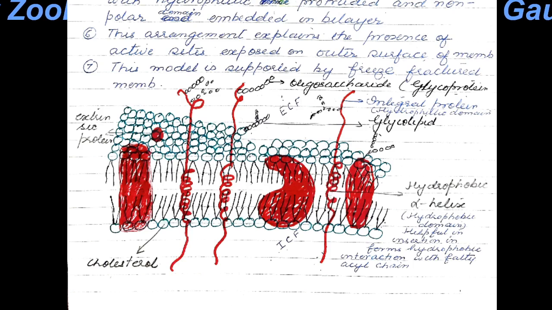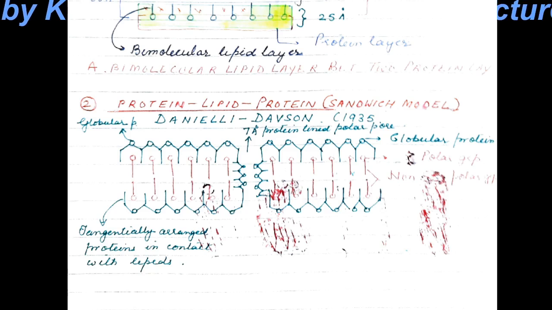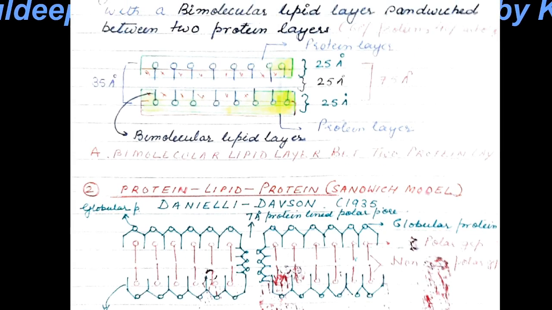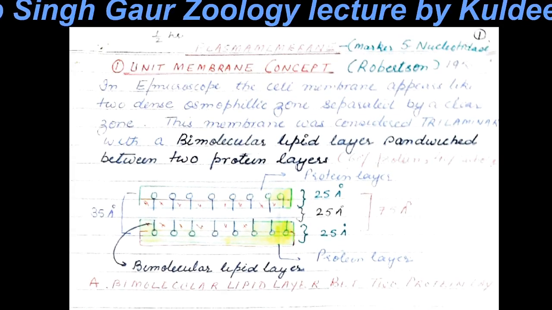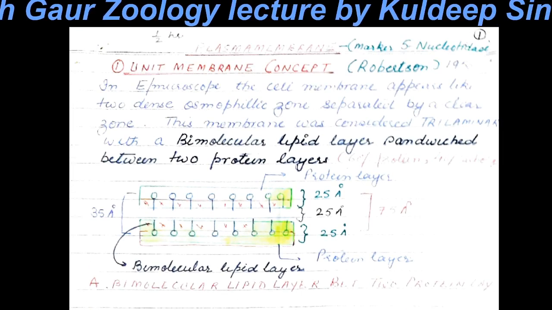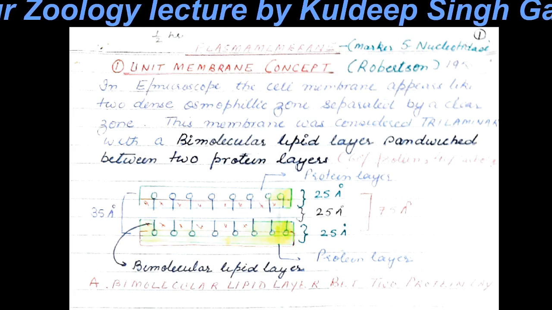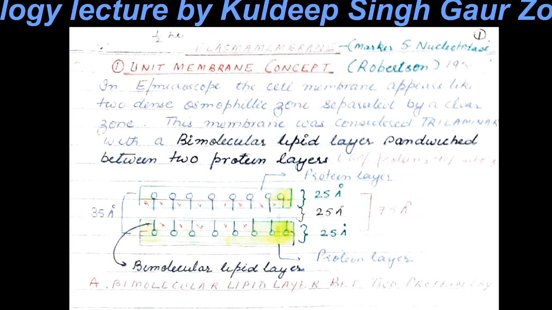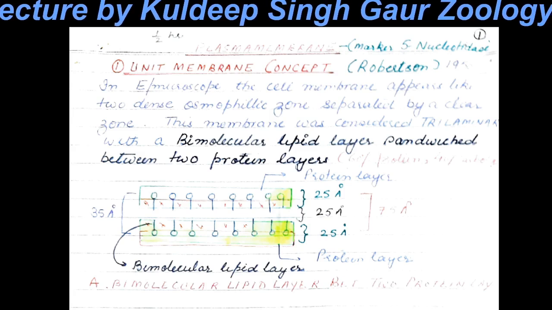Now, some cholesterol molecules are also present in the plasma membrane. This was the most acceptable model, which was posited by Singer and Nicolson in 1972.